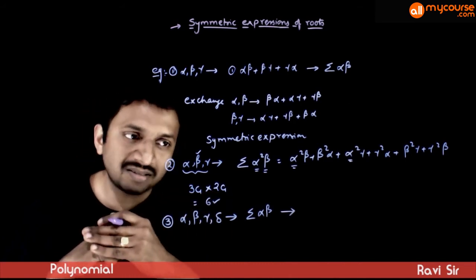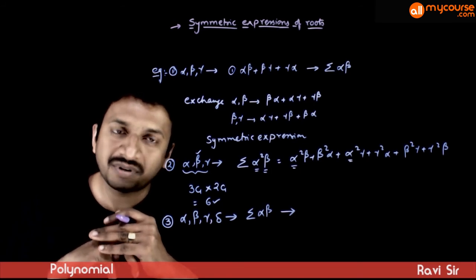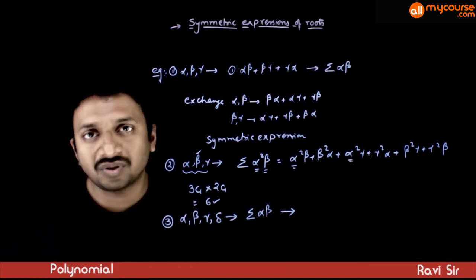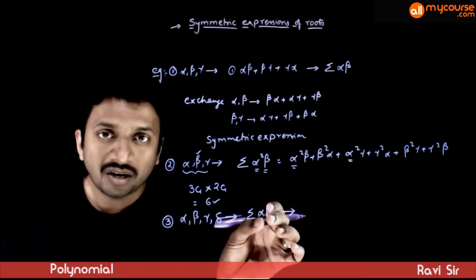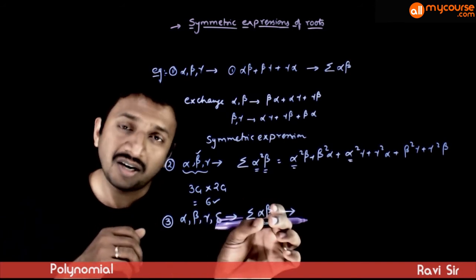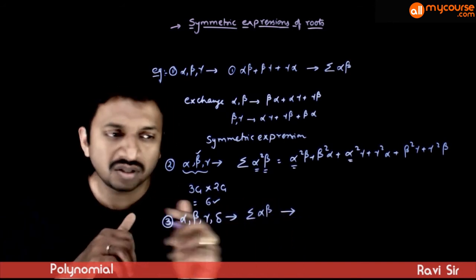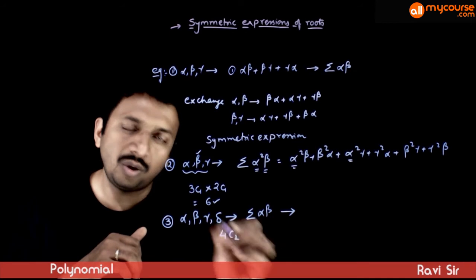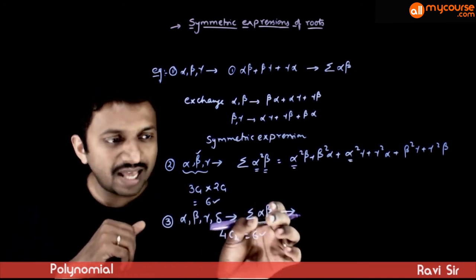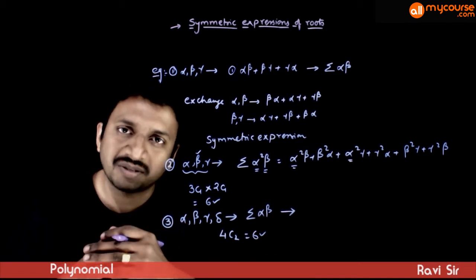This is same as selection of 2 roots out of 4 roots. So in how many ways can you select 2 roots out of 4 roots? 4C2 ways. That is equal to 6 ways. So this expansion contains 6 different terms.